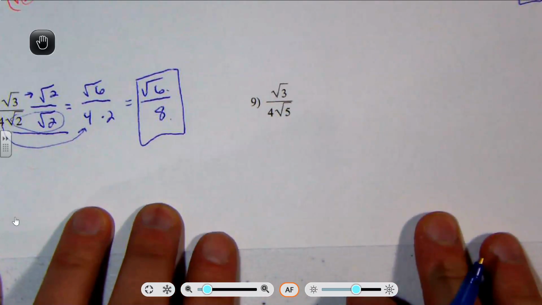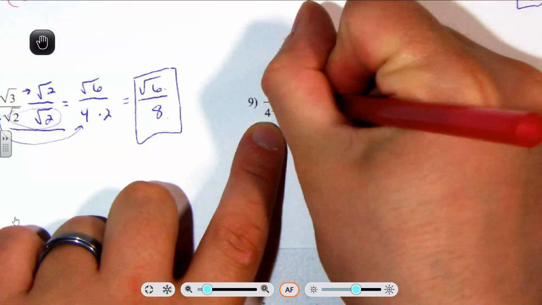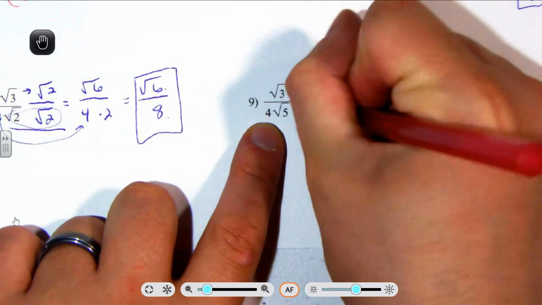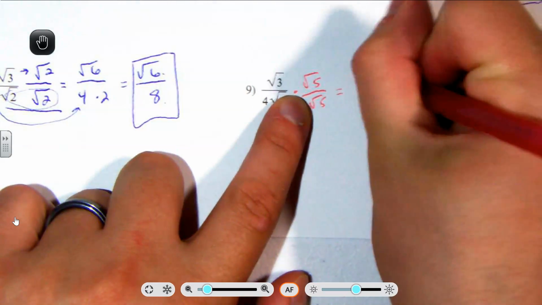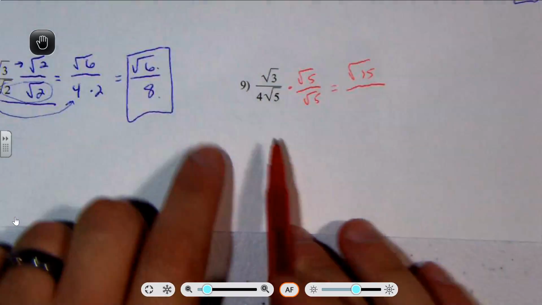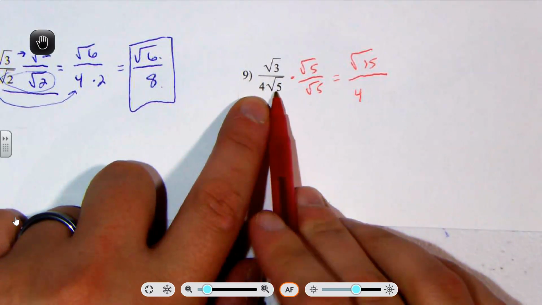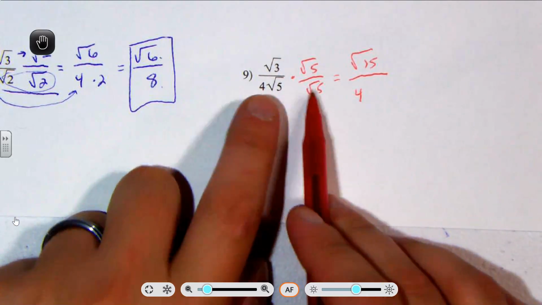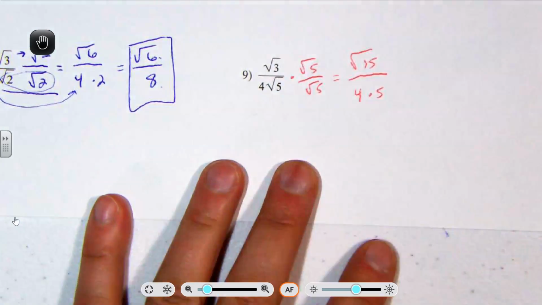Okay, last one. So look at my denominator, it's radical 5, so that's what I'm going to take and multiply both the numerator and the denominator by. So radical 3 times radical 5 is radical 15. And then I have this 4, so the 4 is going to tag along. And then I have radical 5 times radical 5. Well, radical 5 times radical 5 is radical 25, or just 5. So I just have 4 times 5.